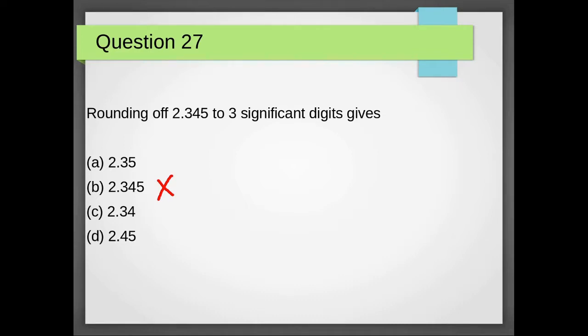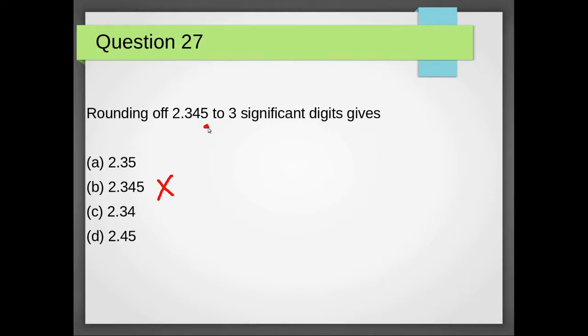Now we need to round off the last digit here, which is 5. Whenever you have 5 or a digit greater than 5, you round up the digit which appears to the left of the digit 5.